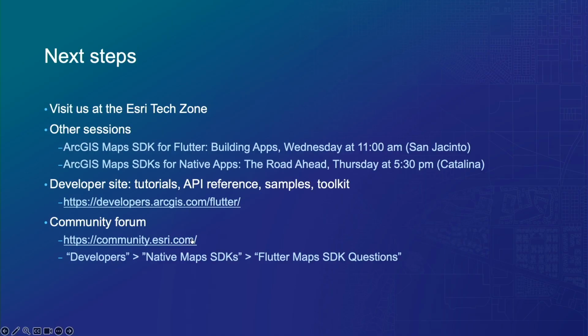The URL ends up being way too long, so you just click on developers, native maps SDKs, Flutter Maps questions, and you can post questions, and the team monitors those questions, and other developers can interact with you there.